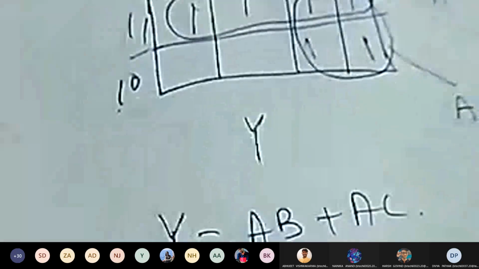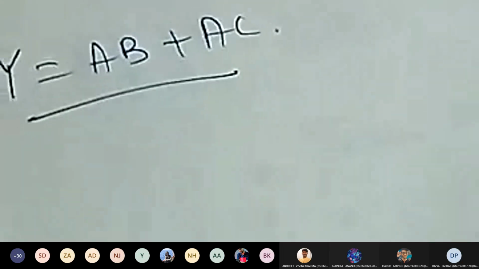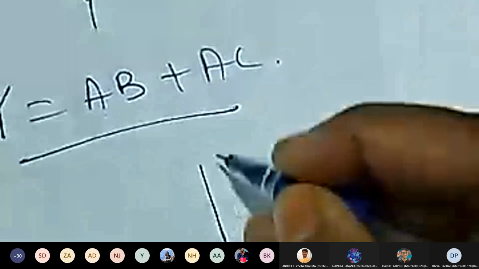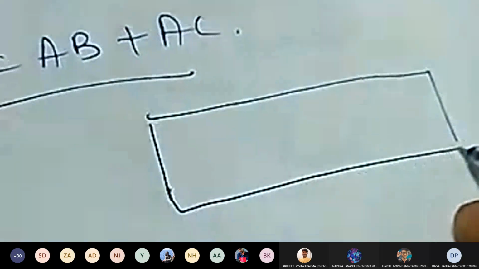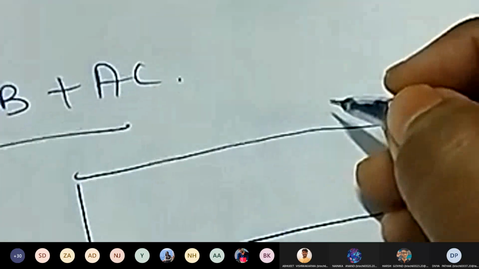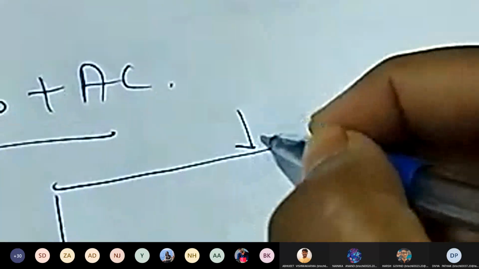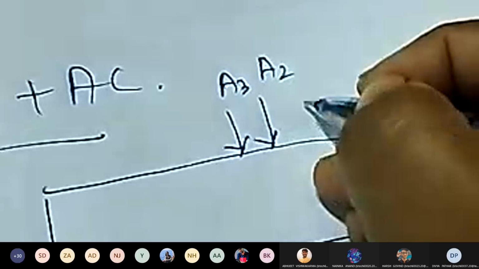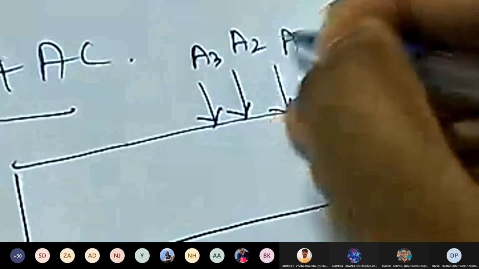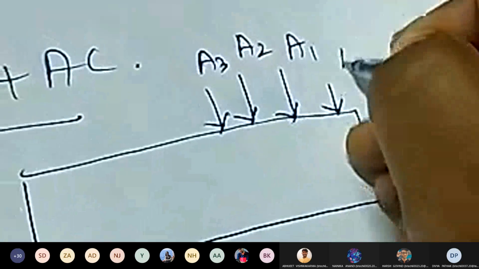Okay, so now we will make the diagram for this BCD adder. So this is one 4-bit adder. We are taking two values, that is A and B. A3, A2, all are 4 bits, that's why I'm writing A3, A2, A1 and A0.